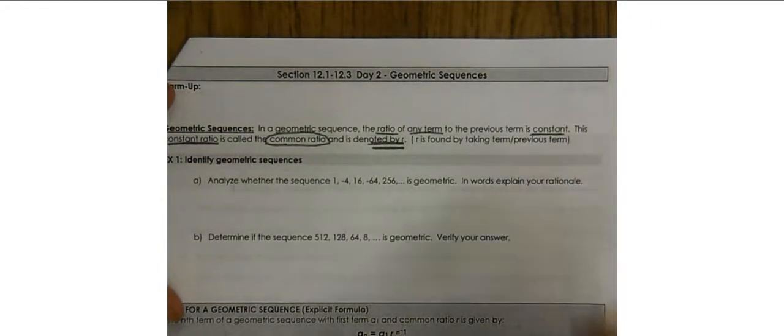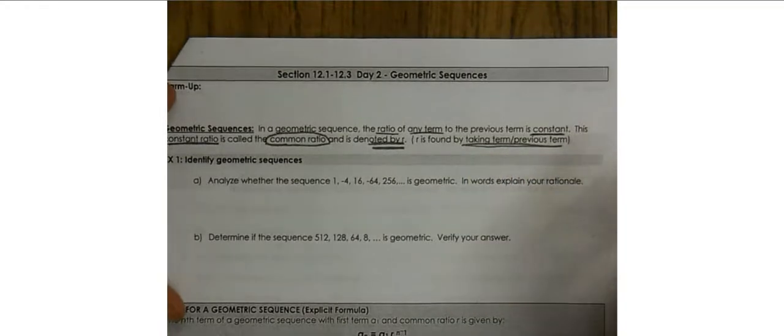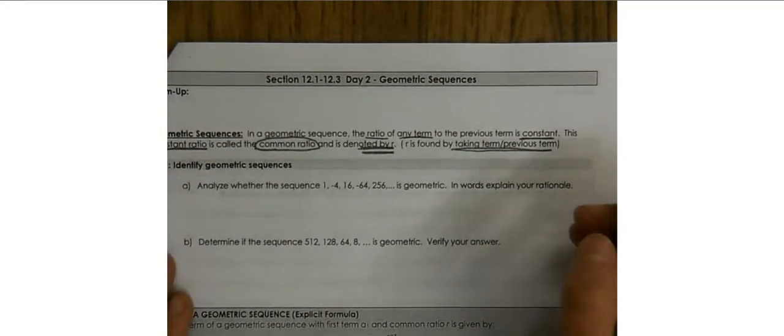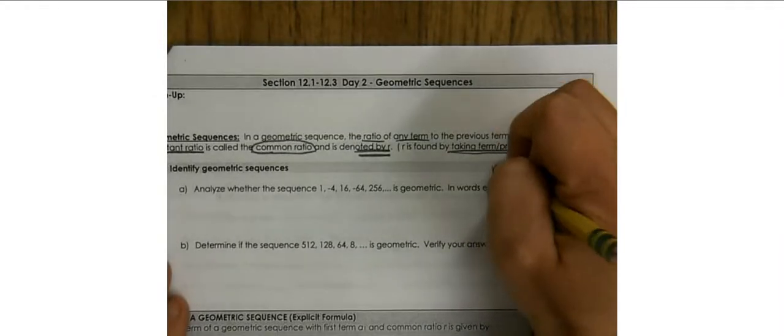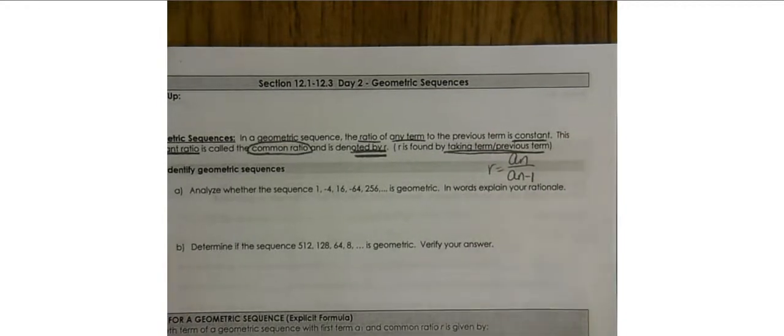And r is found by taking the current term that you're on and dividing it by the previous term. So sometimes r can be written as a sub n divided by a sub n minus 1. It's the term that you're on divided by the previous term, and that will give you your r value.